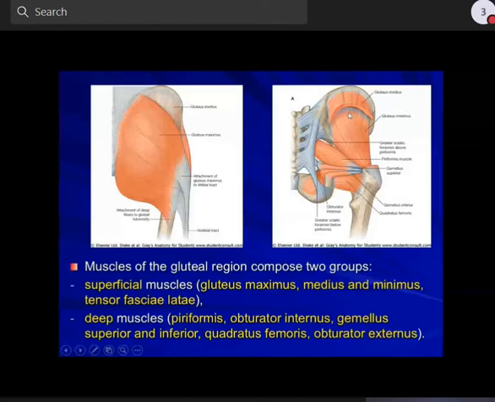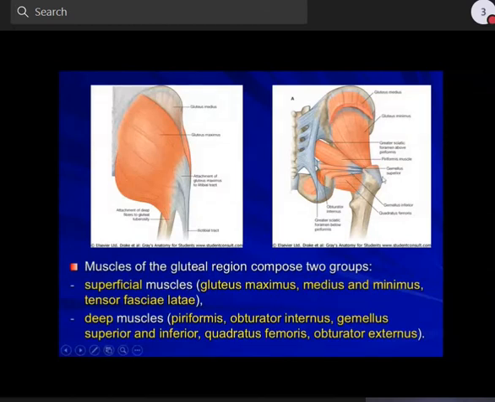Just below the piriformis is gemellus superior, and below it obturator internus and gemellus inferior.